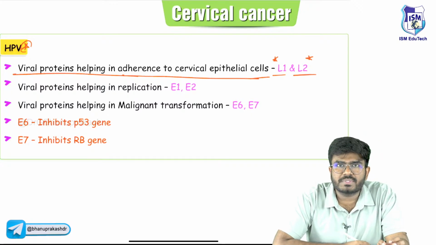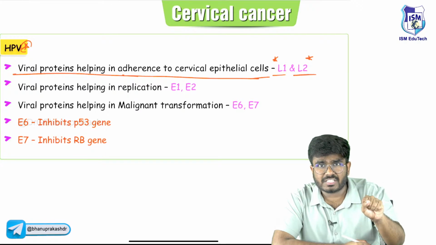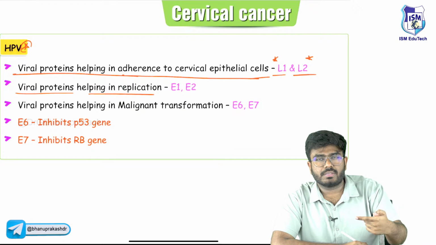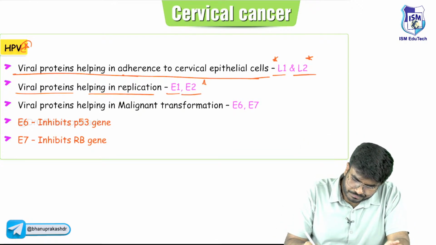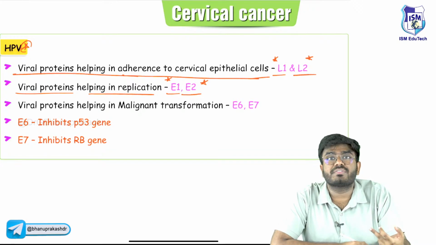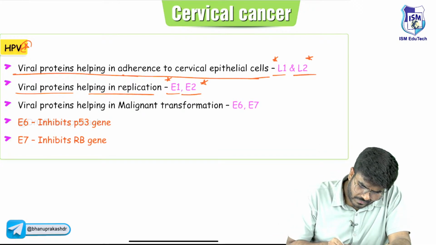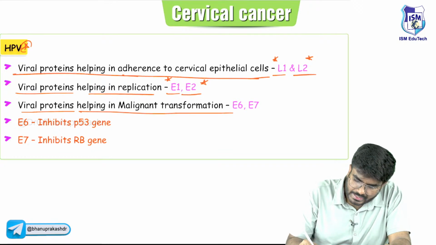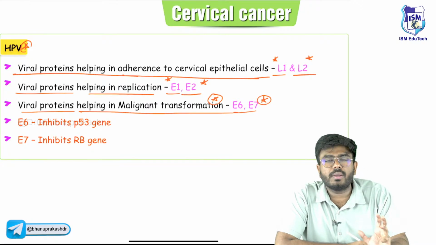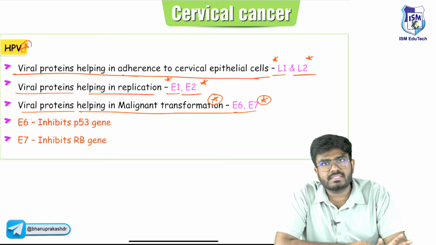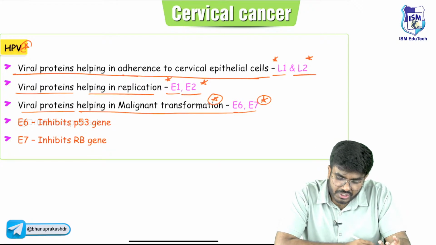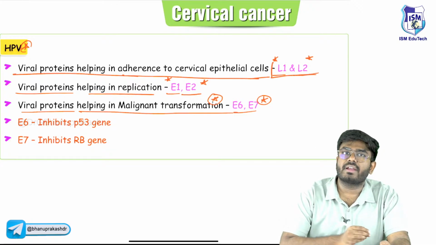The viral proteins helping in replication are E1 and E2, which help in replication of the virus within the cells. The viral proteins helping in malignant transformation are E6 and E7. These are previously asked questions: E6 and E7 for malignant transformation, E1 and E2 for replication, and L1 and L2 for attachment.